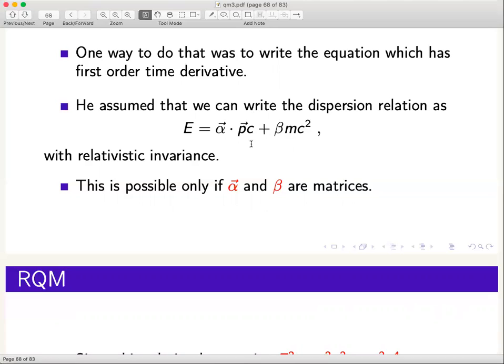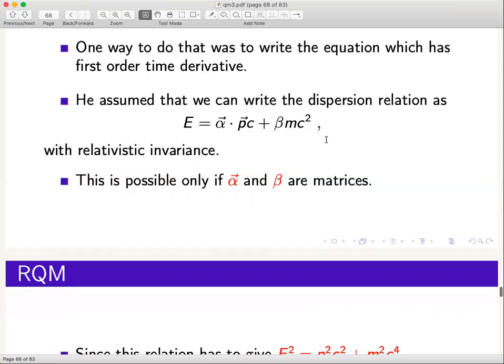So you put the Hamiltonian on the left hand side. A P vector would be the eigenvalue or expectation value of a momentum operator, and once you do that, you can interpret this as an operator equation where you write down the Hamiltonian in terms of the momentum operator and the rest energy piece.